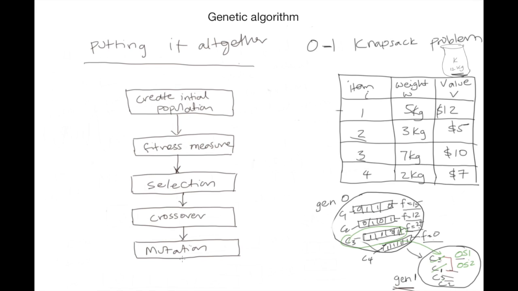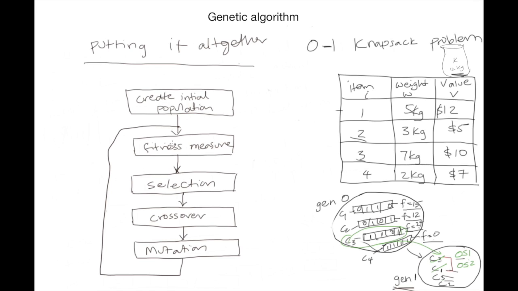Once we are at this stage, we have a new generation of chromosomes, and therefore this process continues. For this new generation, we reevaluate the fitness measure and carry it out. So this, in a nutshell, is the genetic algorithm.